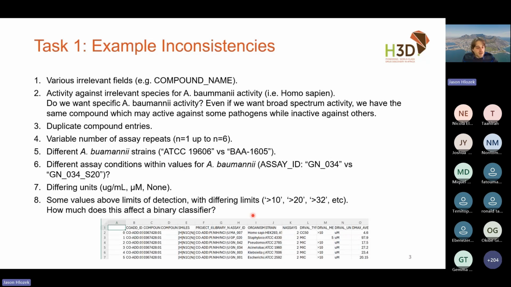You could maybe think a bit more carefully about these other pathogens if you're looking for a compound that is broadly active against many species. Maybe there's some value in having this data, but it's not consistent and clean, right? So ideally, if we want to model Acinetobacter baumannii, we just take the compounds that have measured activity against that species, and ignore the rest, or we build separate models from the rest. But for now, we're just really focusing on Acinetobacter baumannii.